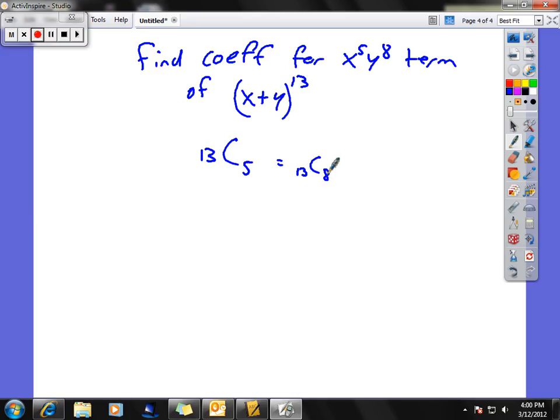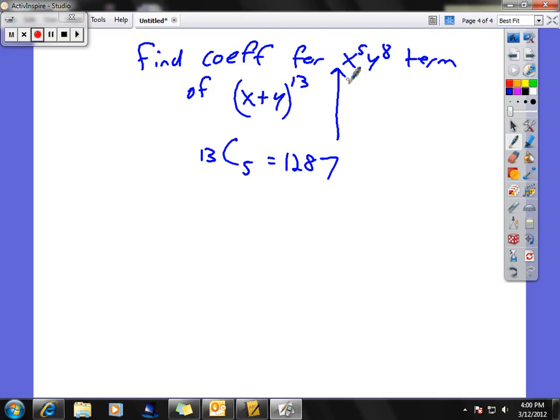So it doesn't matter which one you use. So I'm just going to use the 13C5, and if you put that in the calculator, you get 1287. That is the coefficient that goes in front of the x to the 5th, y to the 8th term.